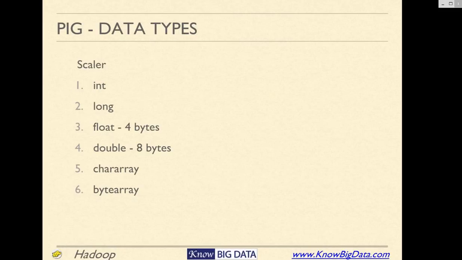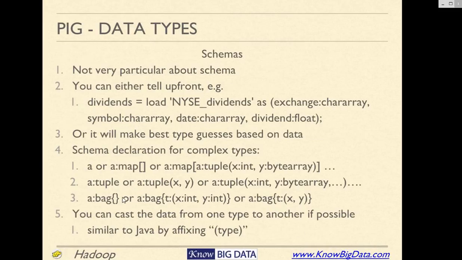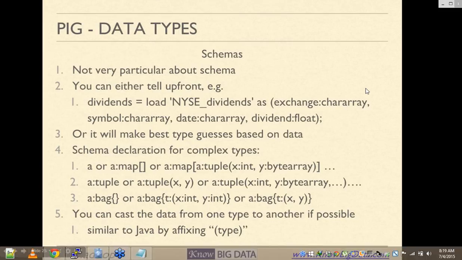In the previous example, we said load NYSE dividends as name, ticker, and so on. You can in fact skip that part as well. You can either tell Pig upfront something like this, that exchange is a char array, symbol is a char array, date is a char array, and dividend is a float. If you don't mention it, it will make the best guess based on the data, right?